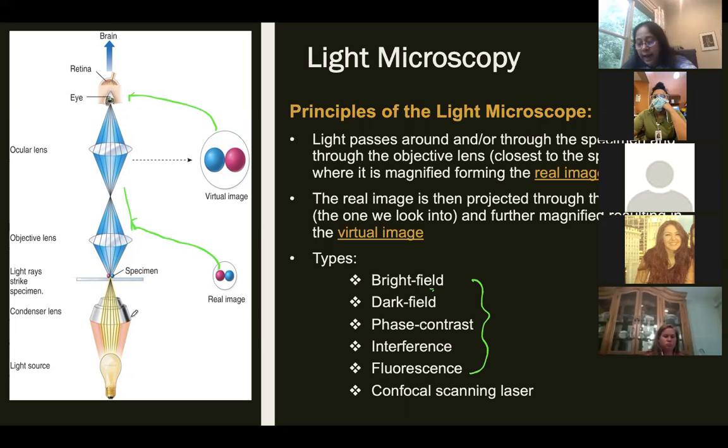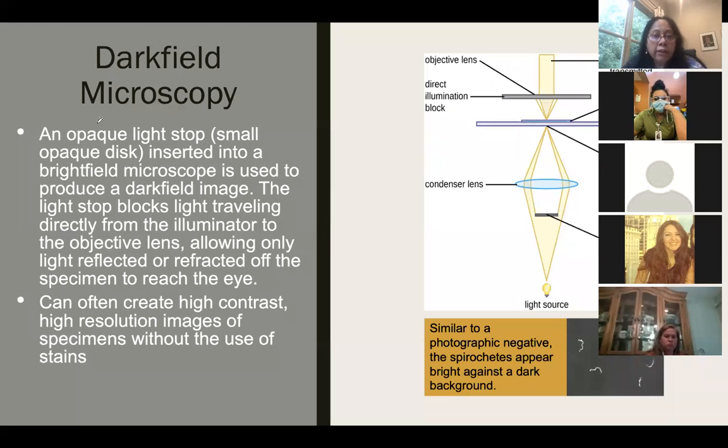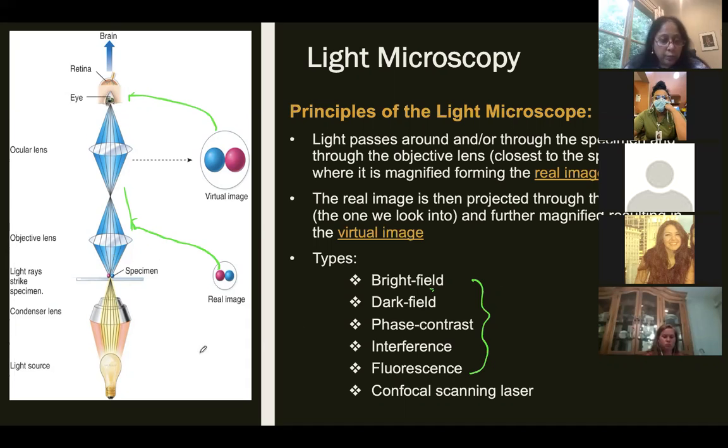Okay. Now, in the case of dark field microscopy, just before the condenser, we have an opaque light stop. So basically, this is the condenser and this is the light source. In between the condenser and the light source, we have an opaque stop over here.